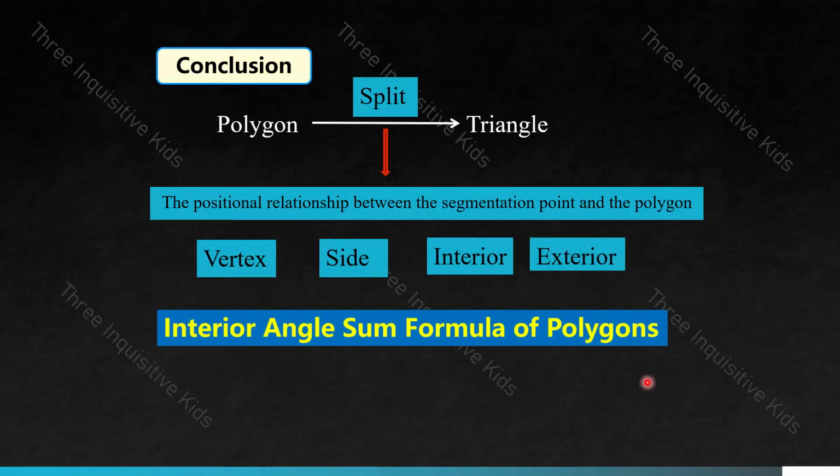So here there are 4 very important vocabulary words that we went over. Vertex, a point on a polygon, a side, which is obviously one of the straight lines that form the outer edge of a polygon, the interior, which is on the inside, and exterior, which is on the outside. The interior angle sum of a polygon with n sides would be n minus 2 times 180 degrees. Really, the main thing that we've learned from this lesson is this formula.